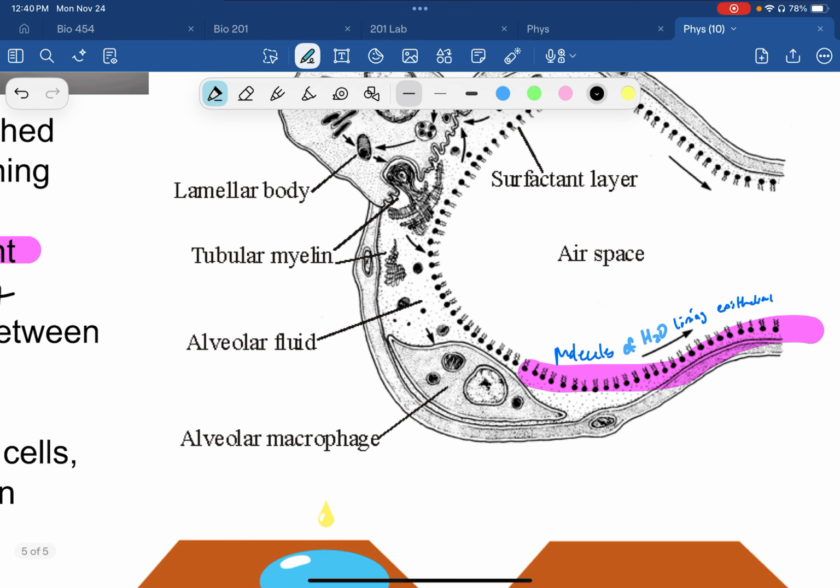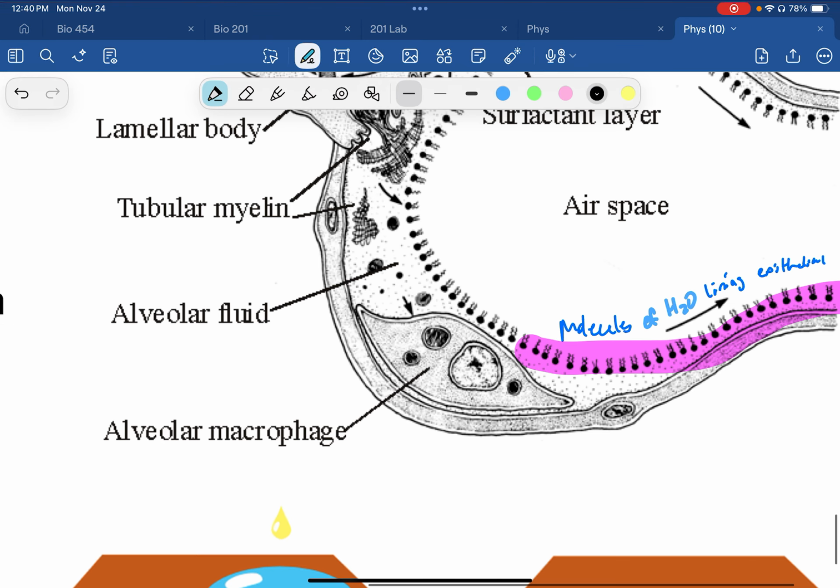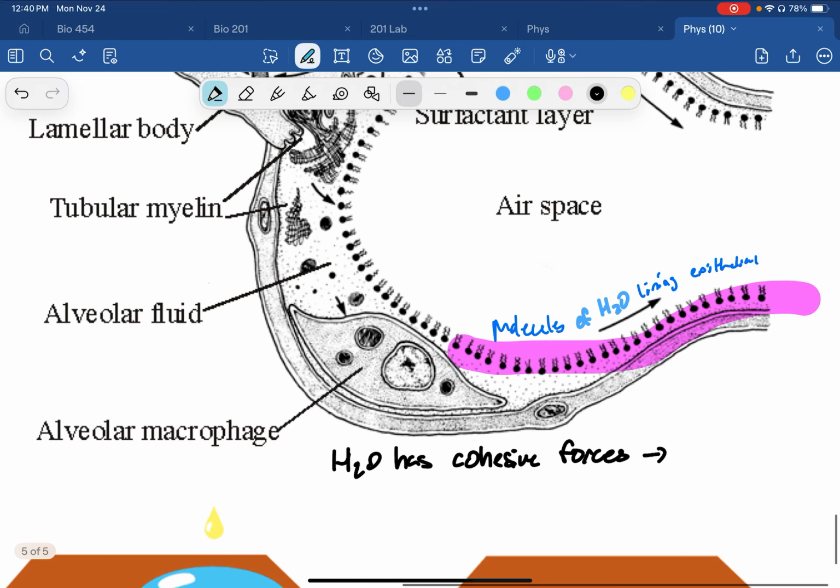To explain this a little more in depth, H2O has cohesive forces and they pull all of it together. So they try to basically collapse the alveoli, pulling the walls of the alveoli in.